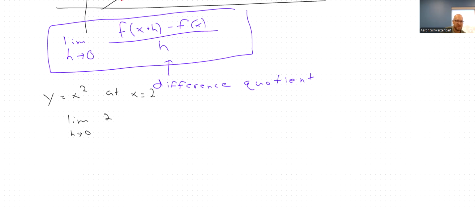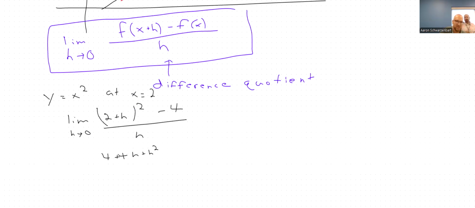This is a little nice because I know the x value, I can plug in 2. And now I just have to simplify this limit. 4 plus 4h plus h squared. So I squared the binomial, not squaring the two parts.